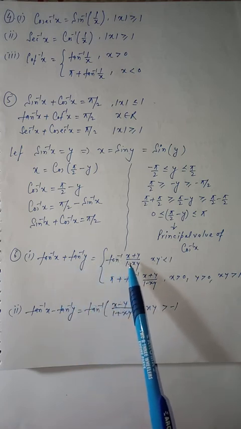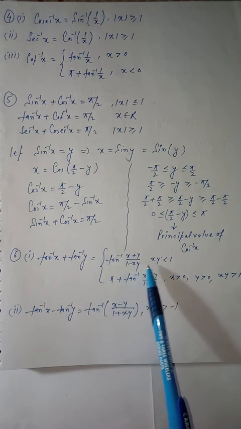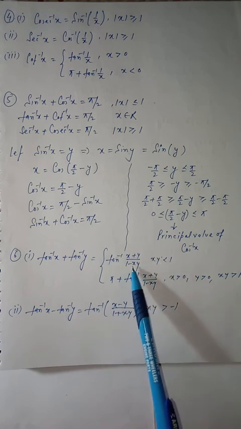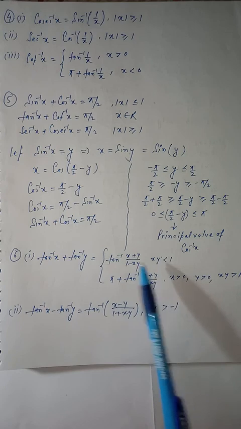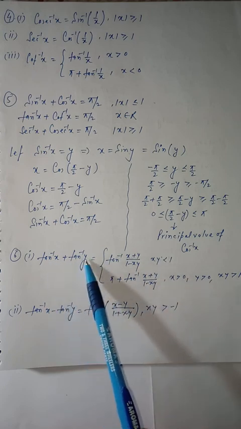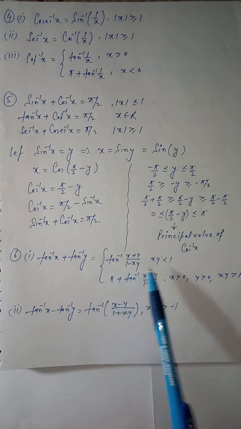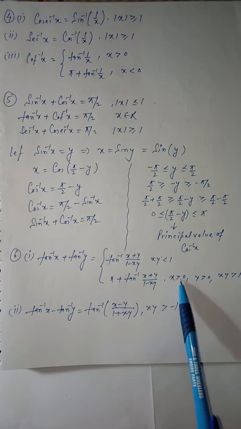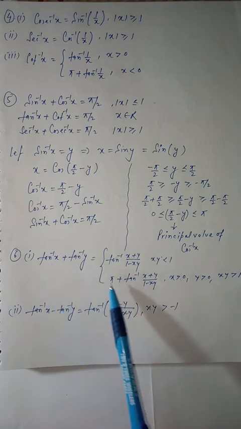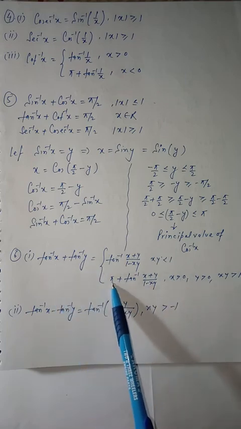But here one condition you must remember: when xy is less than 1, then you will write only this formula. Otherwise, when the product xy is greater than 1 and both x and y are positive, then you have to add pi here.